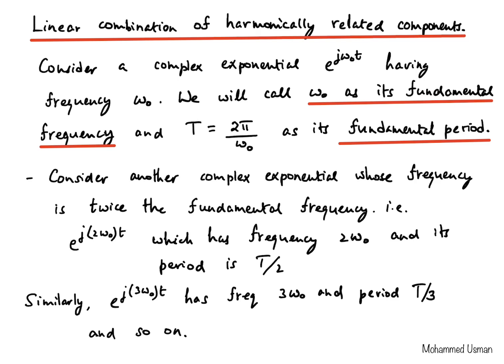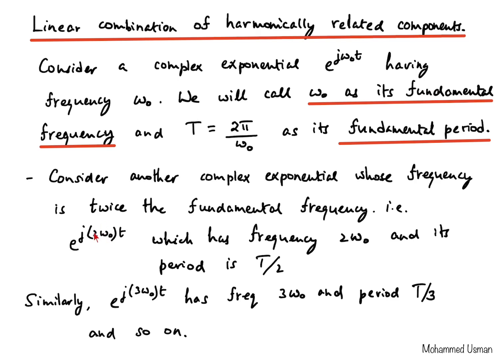So if we take another complex exponential whose frequency is twice the fundamental frequency, e power j 2 omega naught t, so instead of j omega naught t, it is 2 omega naught, the frequency now is 2 times the fundamental frequency. So the period will be half the fundamental period, because when frequency increases, period decreases.